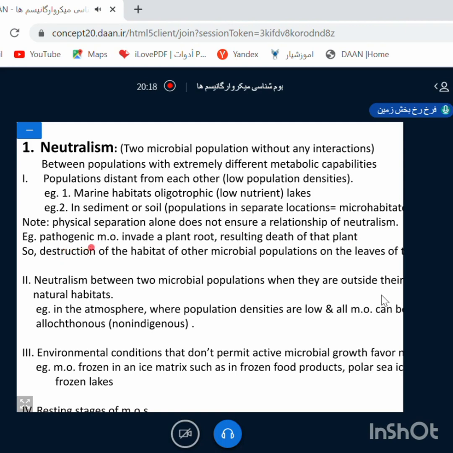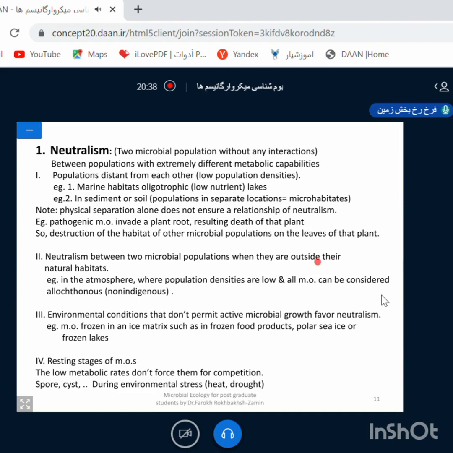Example, a pathogenic microorganism invades a plant root, resulting in death of the plant. So, destruction of the habitat of other microbial populations on the leaves of the plant.